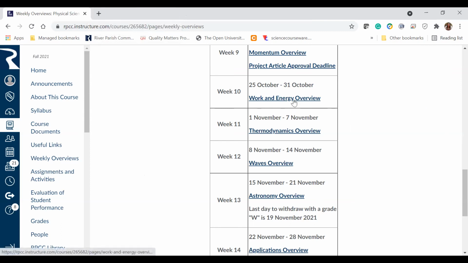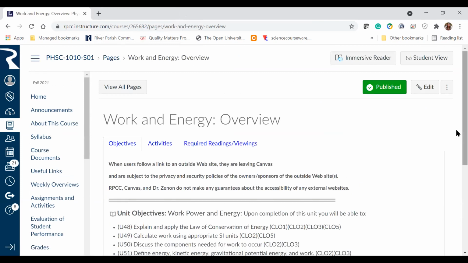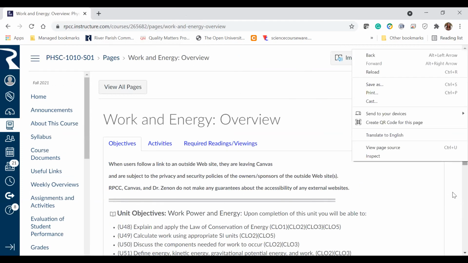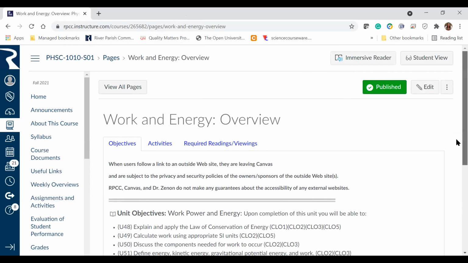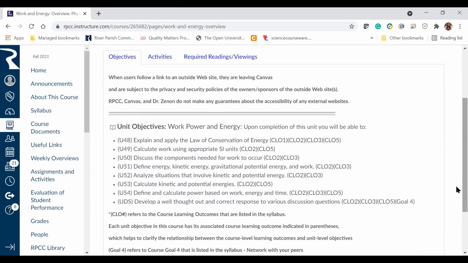All right. So I'm going to go into today's overview that deals with work and energy. And so you can see from the objectives for today that we'll be looking at conservation of energy. If you recall, last week we talked about conservation of momentum and how that's relevant in collisions.